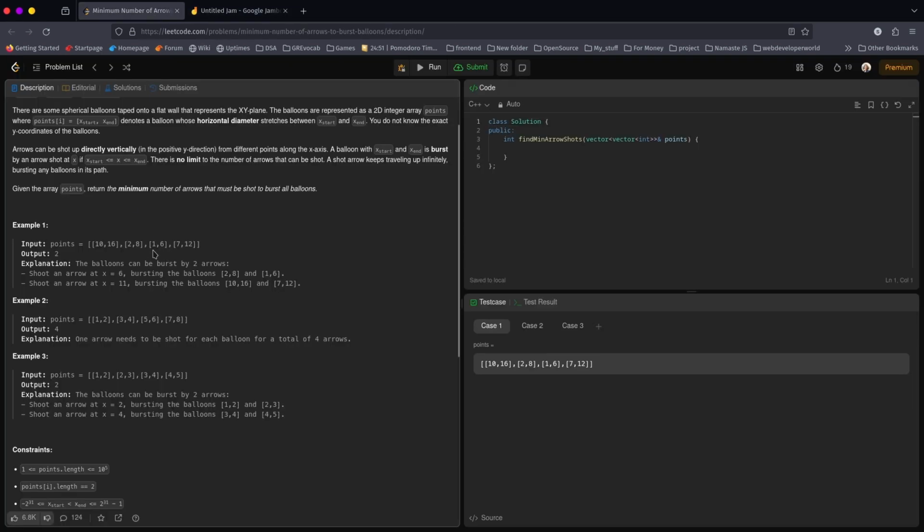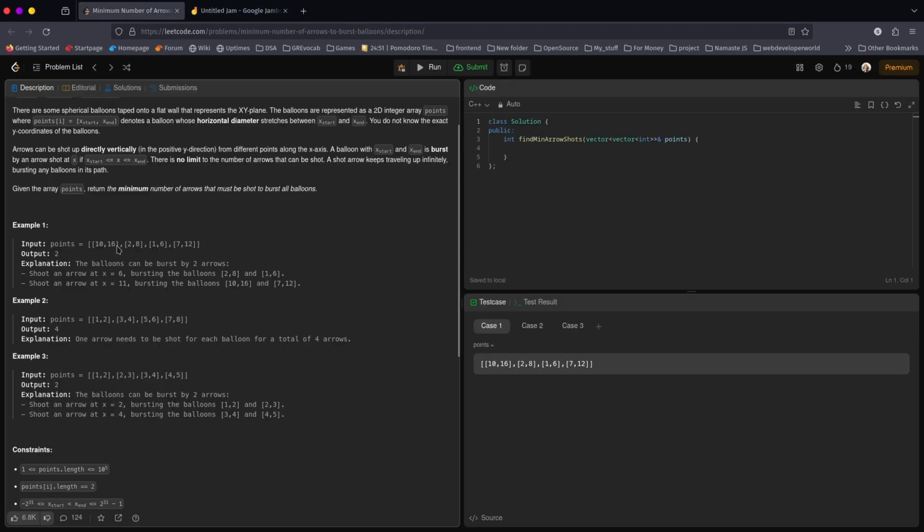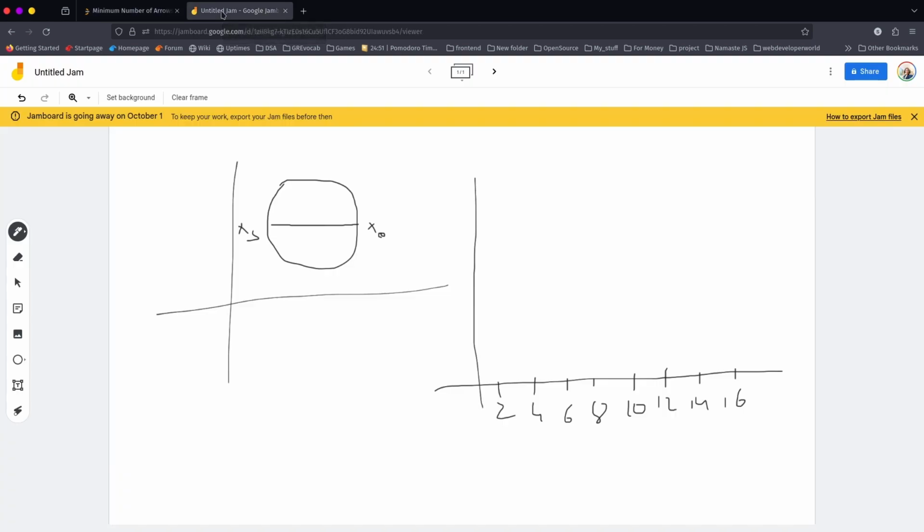So it goes up to 16: 2, 4, 6, 8, 10, 12, 14 and 16. Our first balloon is in the 10 to 16 range, 10 is starting and 16 is ending.